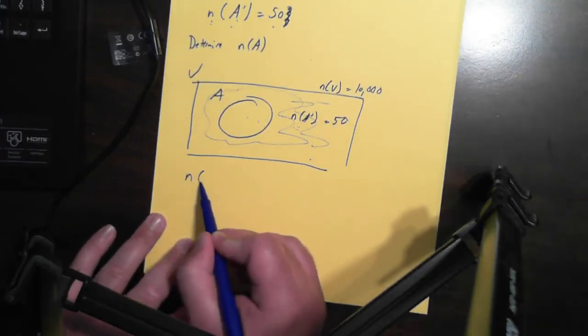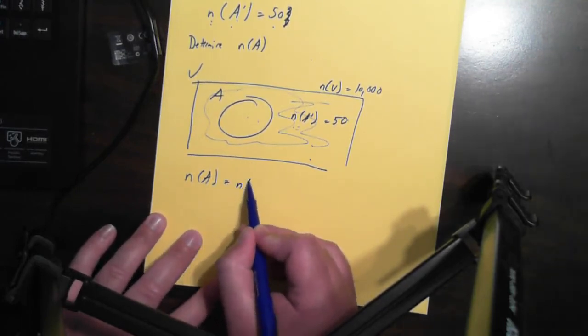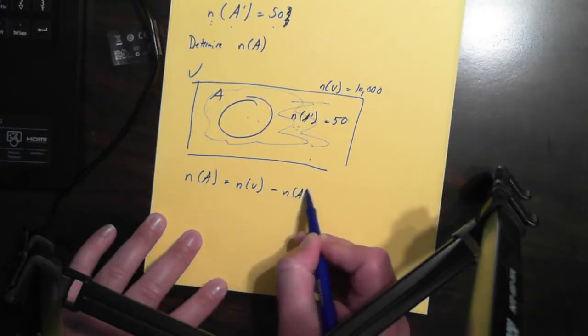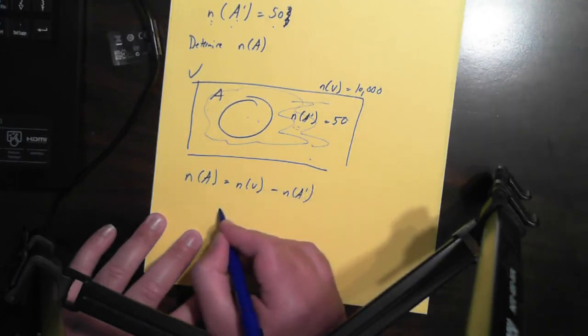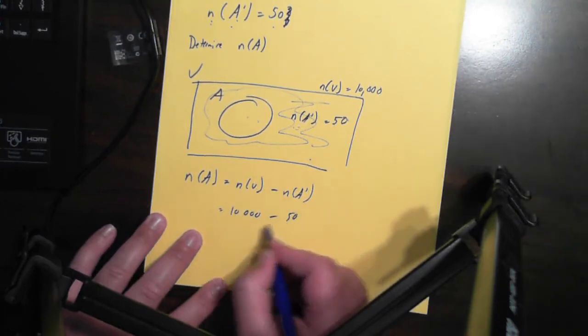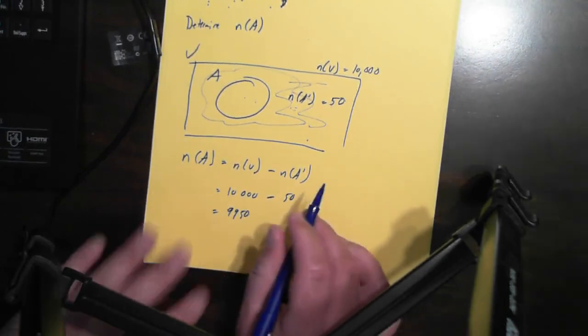So I can say that the number of elements that are inside of A must be the number of elements that are in U minus the number of elements that are not in A, which in this case would just be 10,000 minus the 50, okay, which is of course 9950.